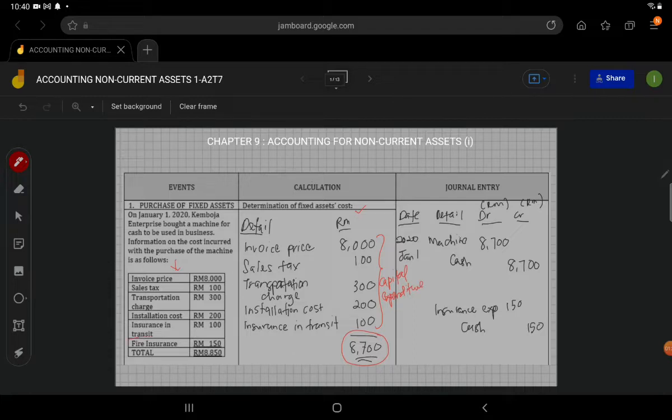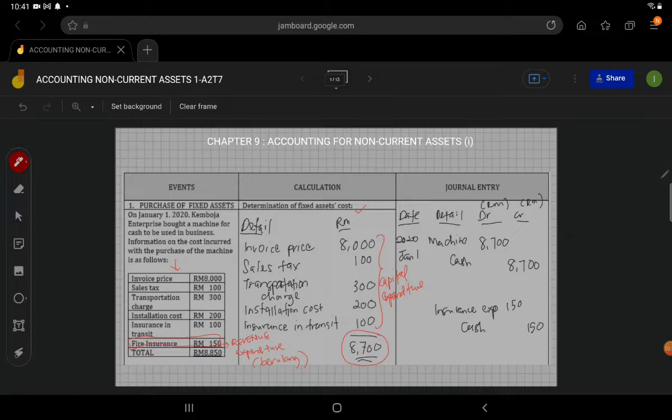Okay. Why is fire insurance not involved in the fixed cost? It's because the fire insurance is revenue expenditure. Revenue expenditure we record as expenses, and the fire insurance, perbelanjaan dia kita akan bayar dia secara berulang.